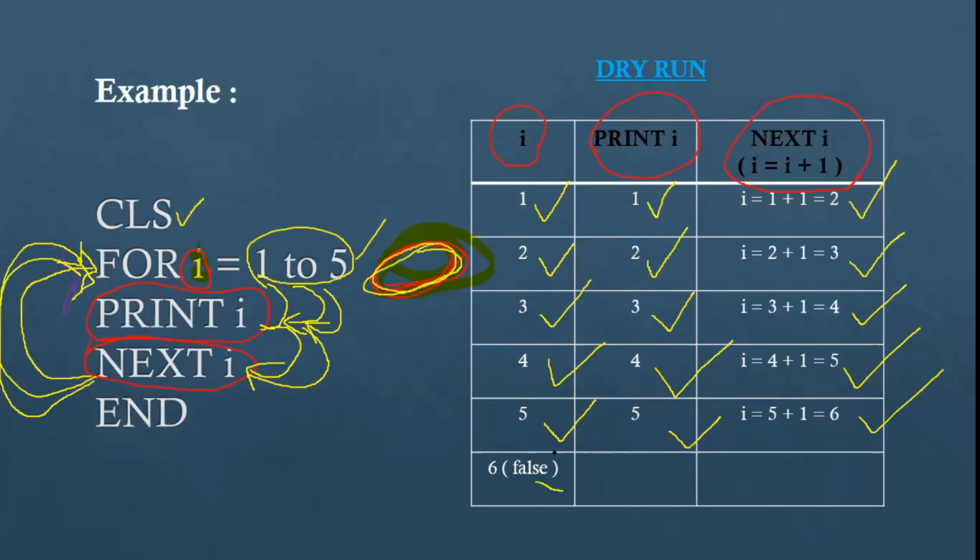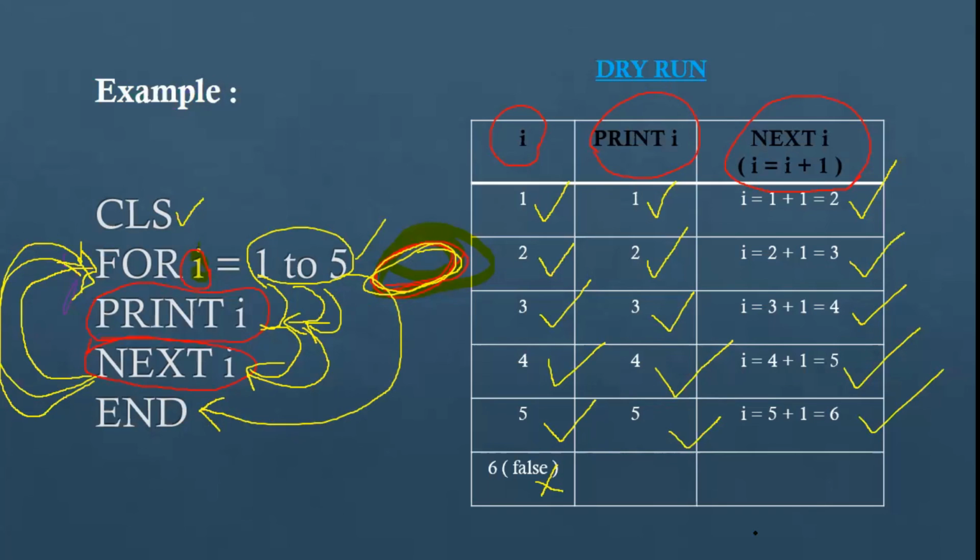So this happens here: false. After that our program will not go inside the loop. Our program will come outside of the loop. Outside of the loop, what is the statement there? There is an end statement, and this end statement says end of our program.